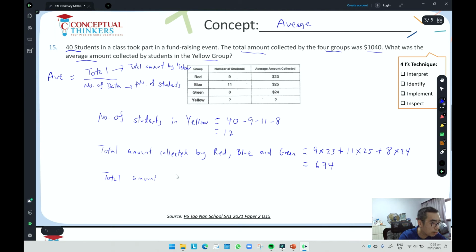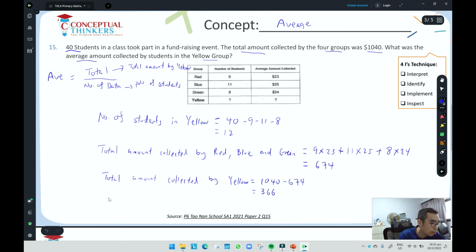Okay, so we can calculate the total amount collected by yellow. We just take the total $1,040 and minus away 674. So this will give me $366.